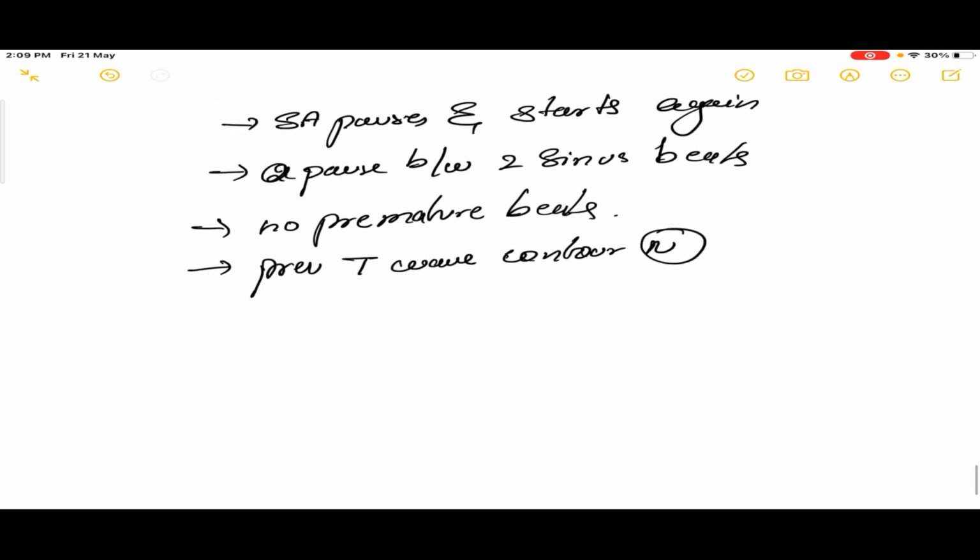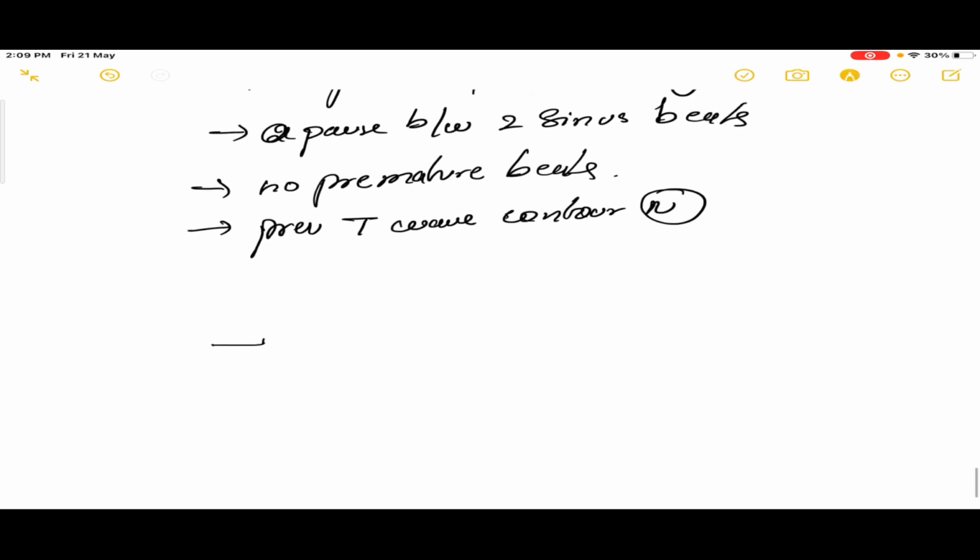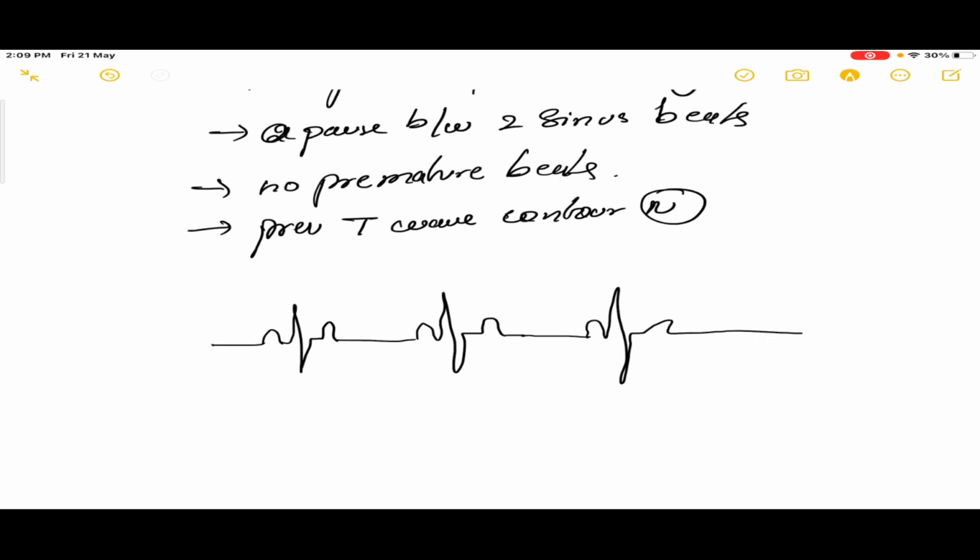So here you can see there is a pause, but there is no premature beat.